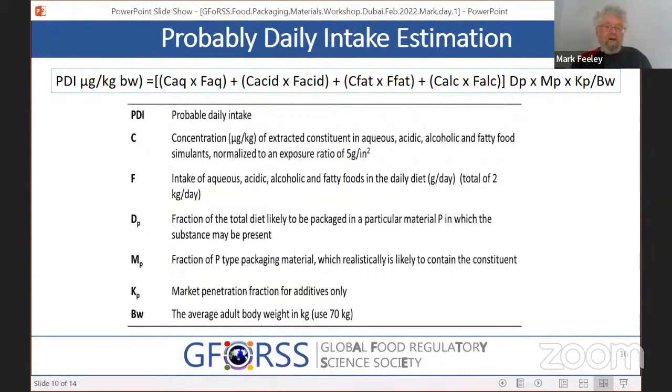In general, what you see is that there are huge orders of magnitude of potential daily intakes. In a lot of cases, these will become theoretical estimations based on the amount of potential migrant that's in the packaging material, the conditions of use, and the physical chemical properties of that migrant.